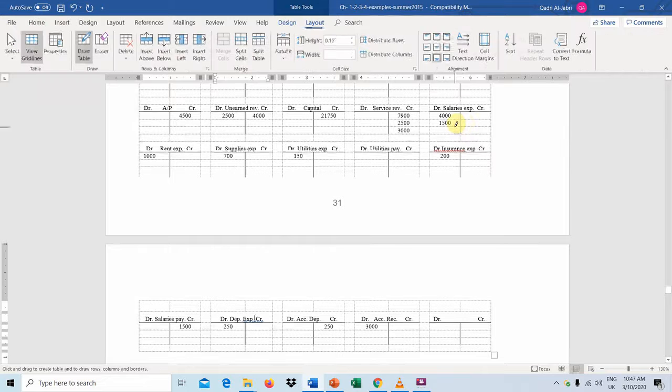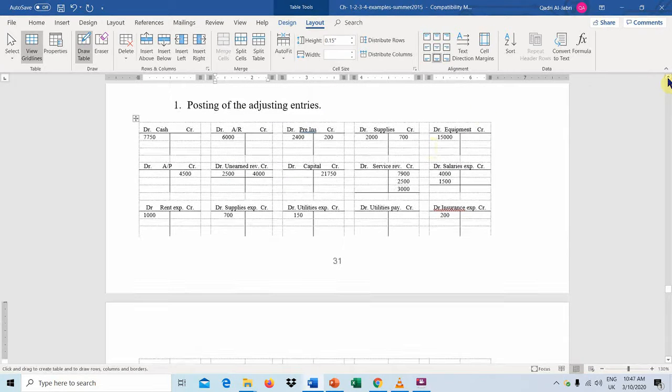Simply here, I will just put this line to make sure we don't mix it with the other amounts. Also for this one we will find the balance. Done.